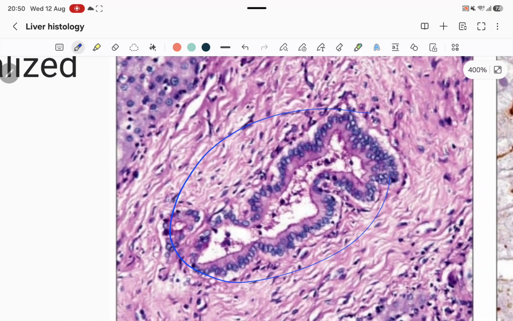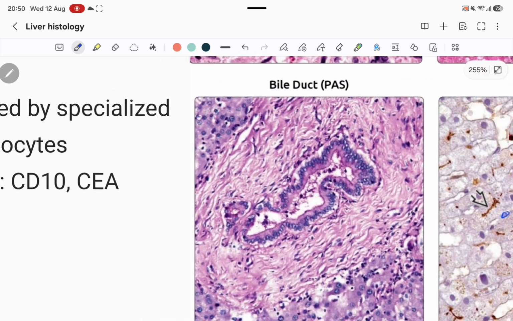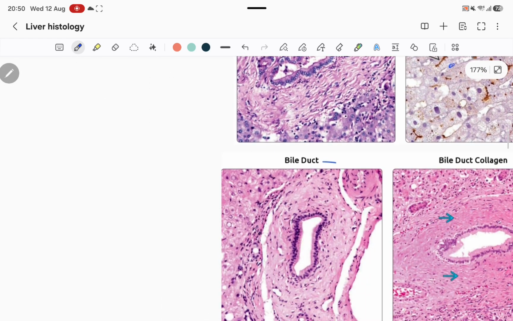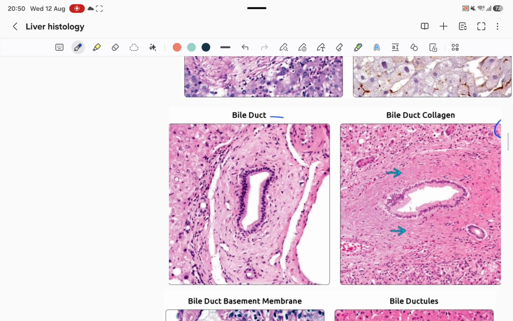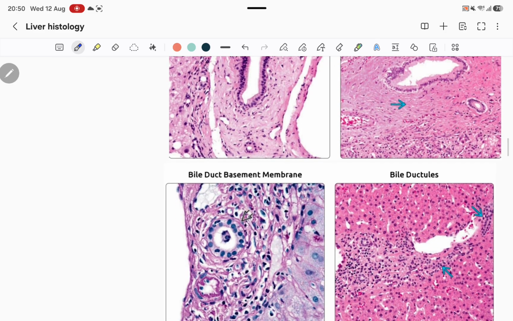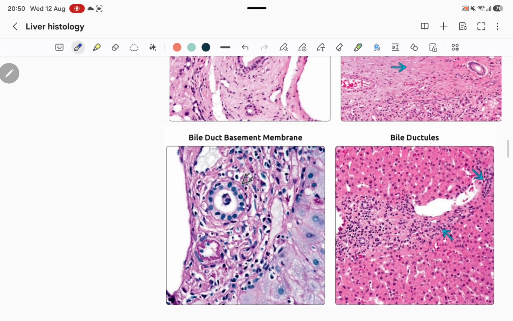PAS can show you the basement membrane, can show you more of what the bile duct looks like. Anyway, again, bile duct, we talked about these. It has the onion ring sign, however it's not diseased, it doesn't have primary sclerosing cholangitis. You can see the basement membrane around this one, and this distinguishes it from something like an artery probably.